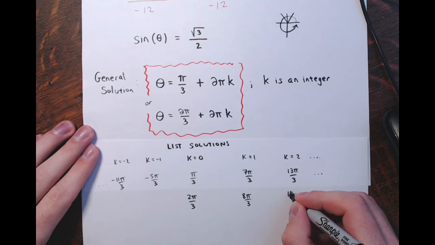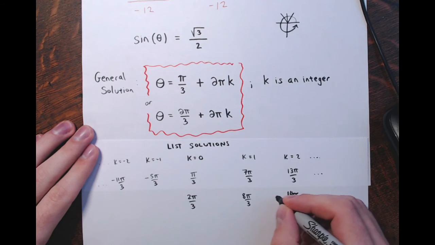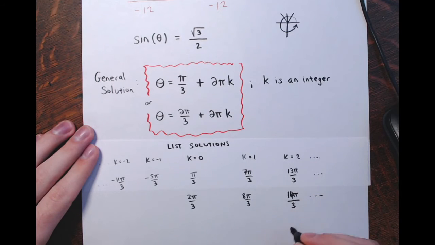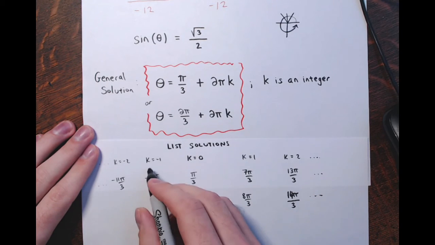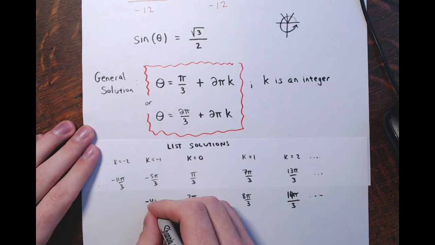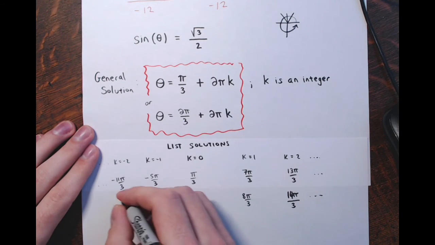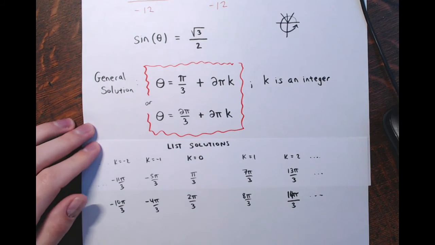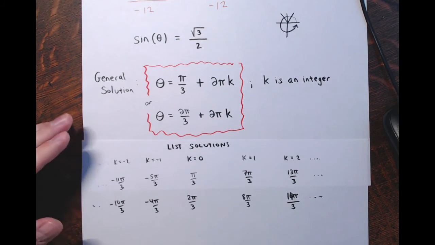Can't add. 8 plus 6 is 14. 14 pi over 3, then 20 pi over 3, and so on. And then going this way, when k equals -1, I'm subtracting 6 pi over 3, so -4 pi over 3 would be another solution. -10 pi over 3 would be another solution. And again, I can do that all day long.